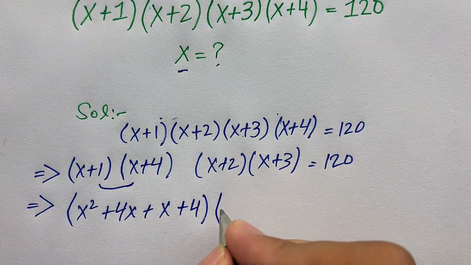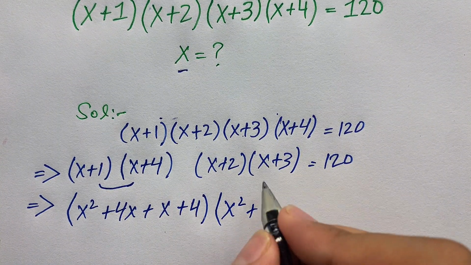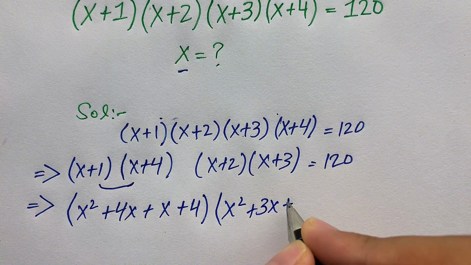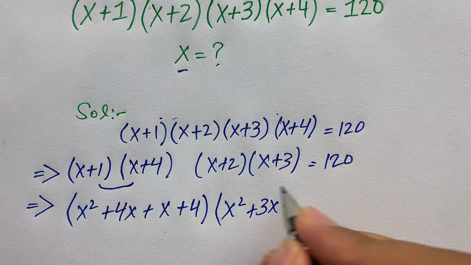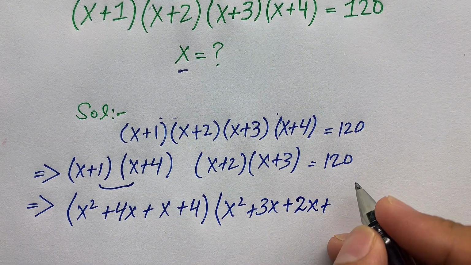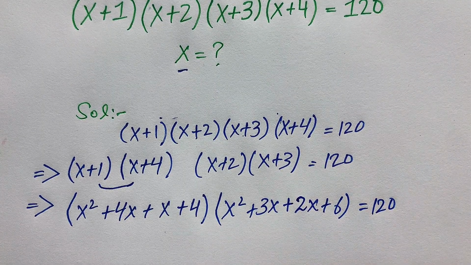So x into x square plus 3x plus 2 into x, 2x plus 6 is equal to 120.